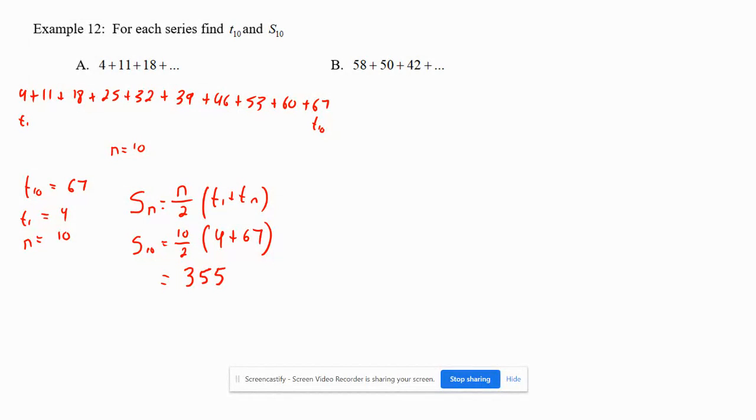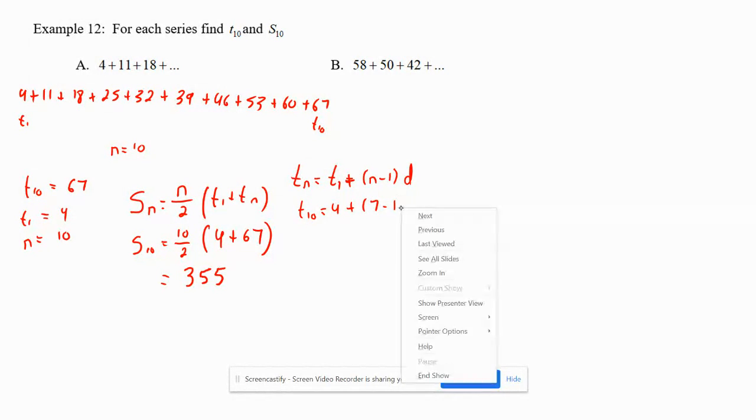So the way we figure out Tn is we're going to refer back to our last section, arithmetic sequences. This formula is on your formula sheet as well, guys. Tn equals T1 plus n minus 1 times d. So that means T10 equals T1, which is 4. Our common difference is 7, so it's 7 minus 1.